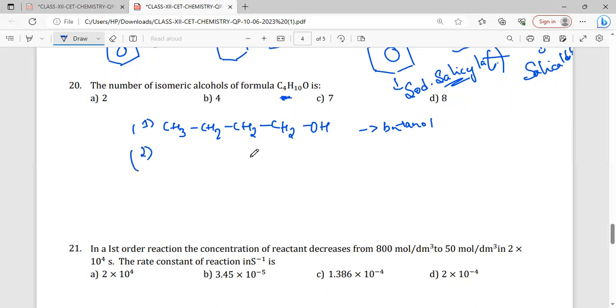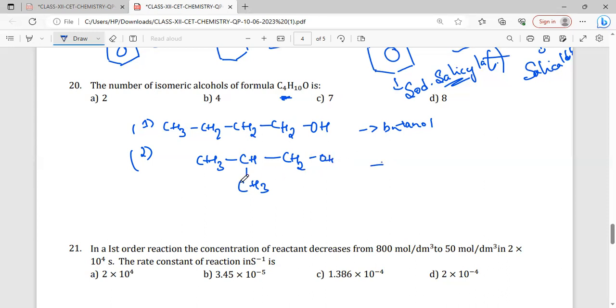Next, what can I do? I can take CH3, CH, CH2, CH3 with OH on the second carbon. Can I take this? I have 4 carbon atoms, 10 hydrogen atoms, and 1 oxygen.